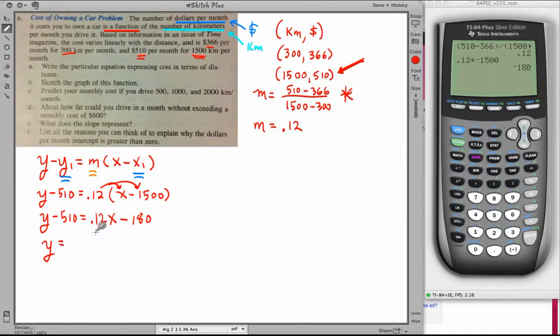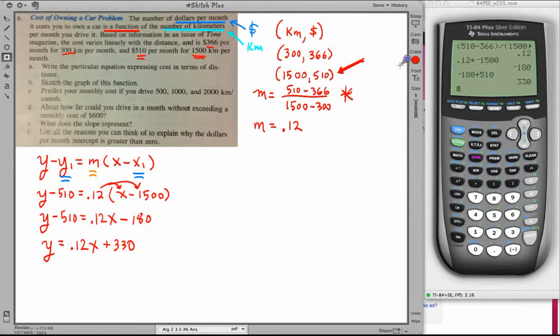Continuing, we're going to move the 510, negative 510, to the other side of the equation. And so we're going to need to take negative 180 and add to that 510. So we've got now on the right hand side of the equation plus 330.